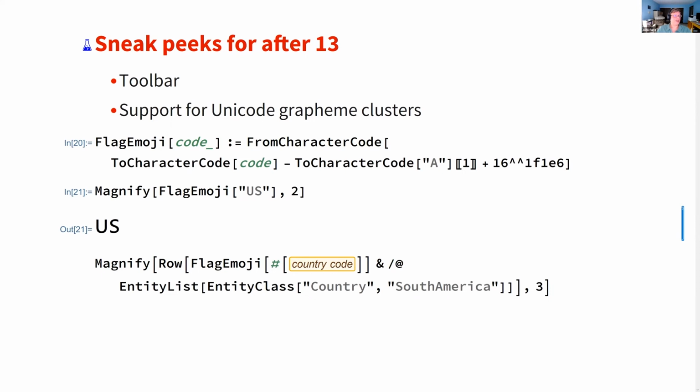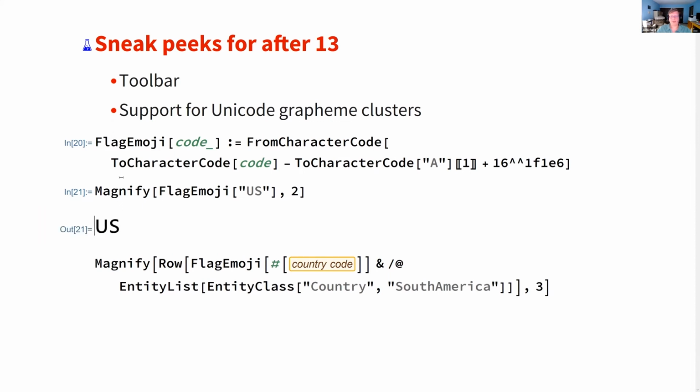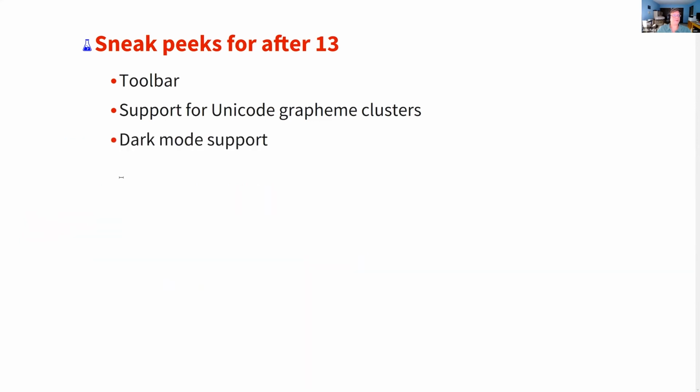On a Mac machine, this would actually render as a US flag, but in fact it's 2 characters. We were really close to getting support for that. It's just a few weeks away, but it didn't quite make it for 13.